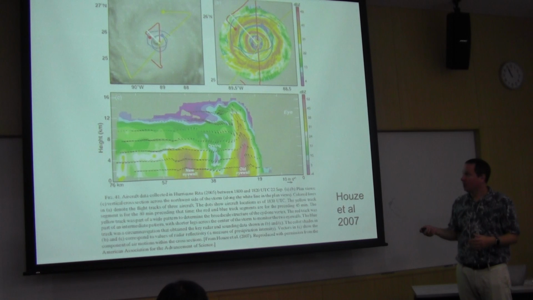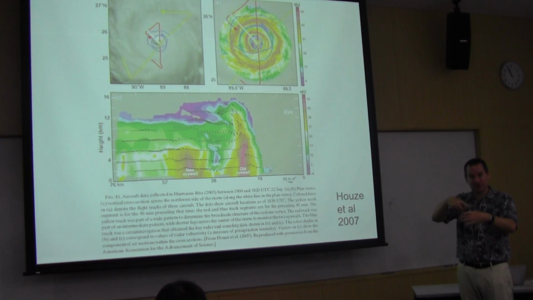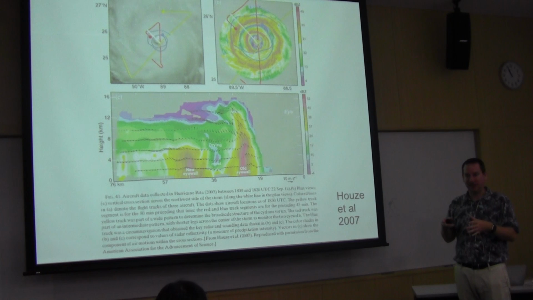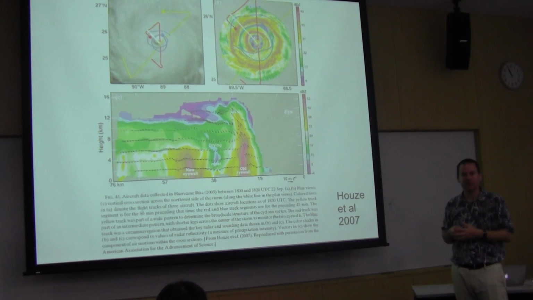But in other cases, we've seen where you have a very symmetric ring structure, and then that breaks down into a polygon of some kind, and then tends to reform back into a symmetric ring. There's a great movie loop that Sim Aberson has of Hurricane Fabian where this happens over and over again. You see that a lot in numerical models as well.